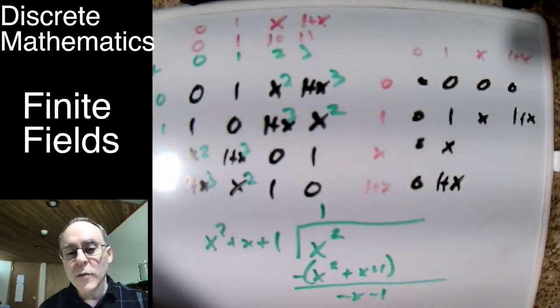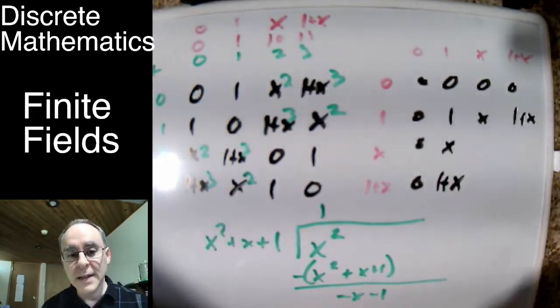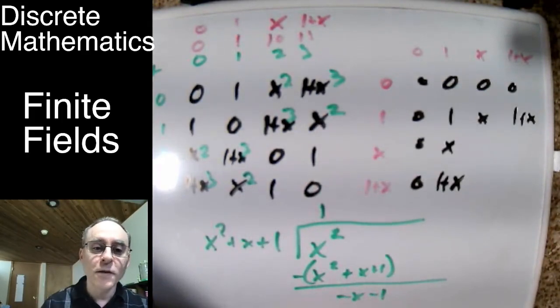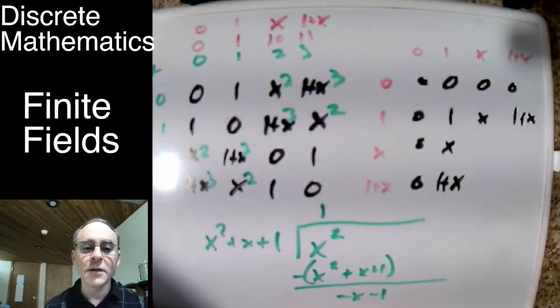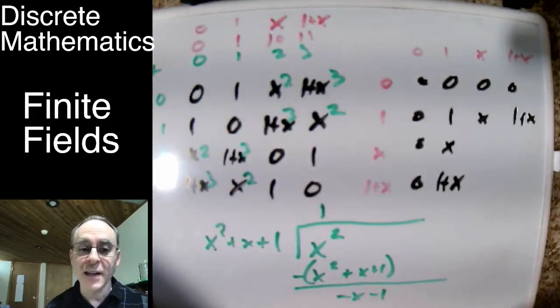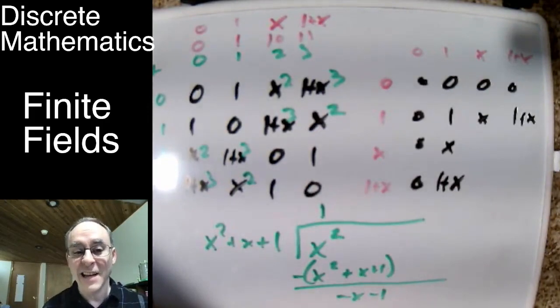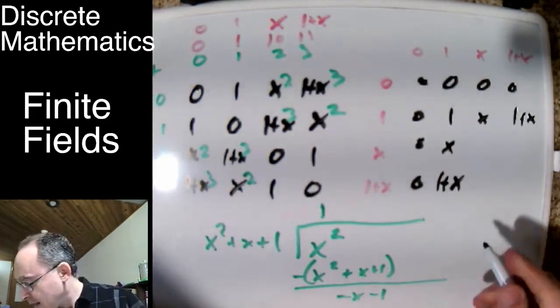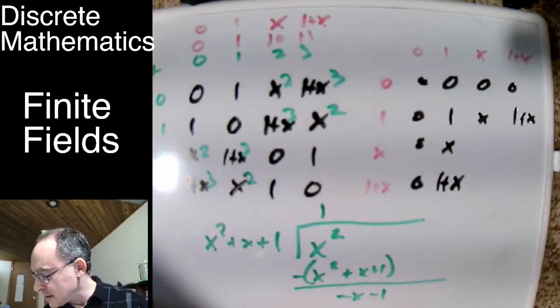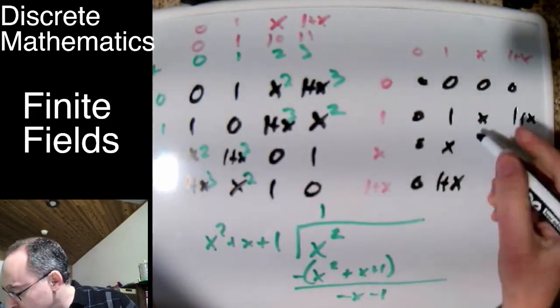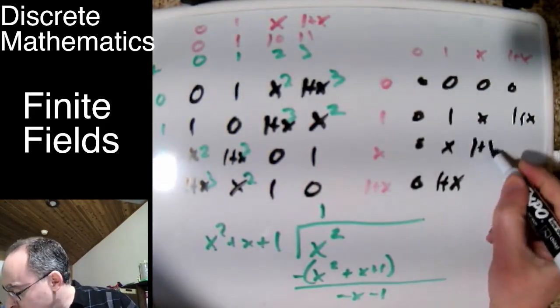But again, we're doing all our math mod 2 with the coefficients. Going down 1 from 0 is the same as wrapping around to the top of the list, which in this case has only 2 numbers. So when I'm doing math mod 2, negative 1 is the same thing as 1. And so what I want to fill in my table here is just 1 plus x.